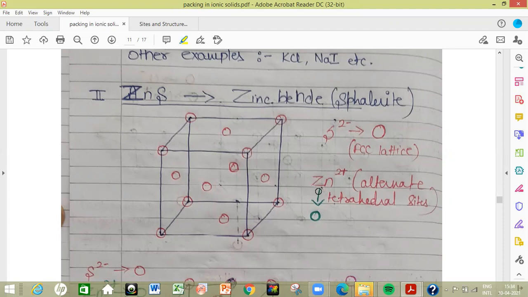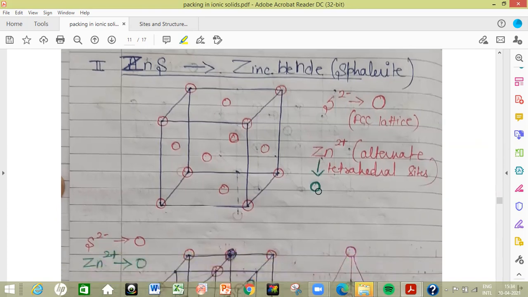The number of zinc ions is the same as the sulfide ions, so there are two options for zinc ions. Either they can occupy half of the tetrahedral sites, or all of the octahedral sites. Here zinc ions will occupy half of the tetrahedral sites, and that too alternate.